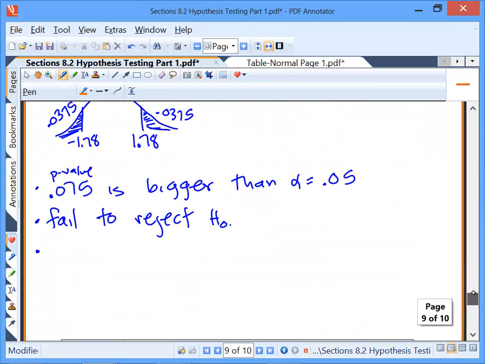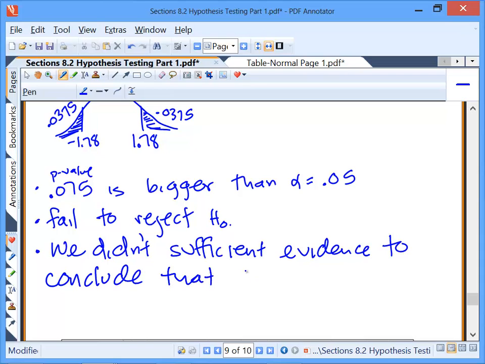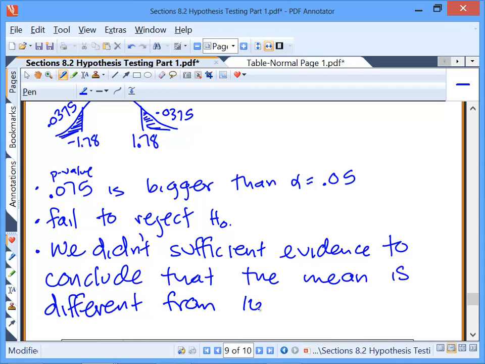So the way that we're actually going to write our conclusion when we fail to reject is that we didn't find any evidence, or we didn't find sufficient evidence, because we found some evidence at 0.075, we just didn't find enough evidence to conclude that the mean is different from 168.